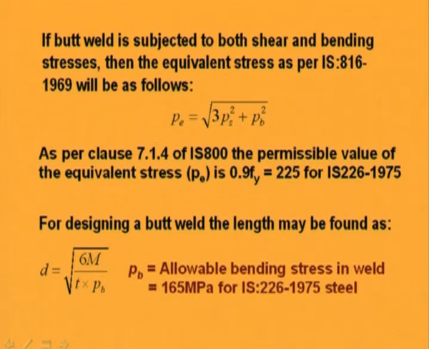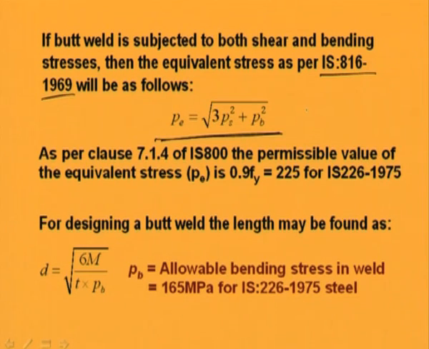Now, the equivalent stress as per the codal provision has been given as PE is equal to root over 3 PS square plus PB square, means as per the code IS 816/1969, the equivalent stress can be written as PE equal to square root of 3 PS square plus PB square if the butt weld is subjected to both shear and bending stresses.